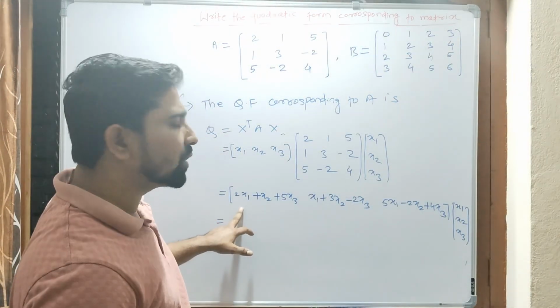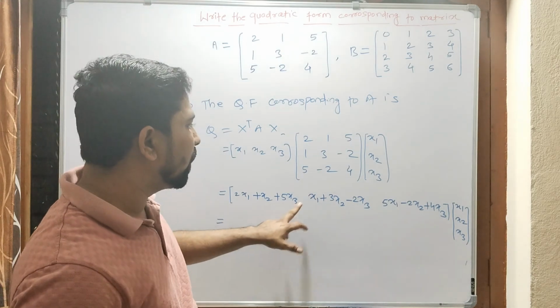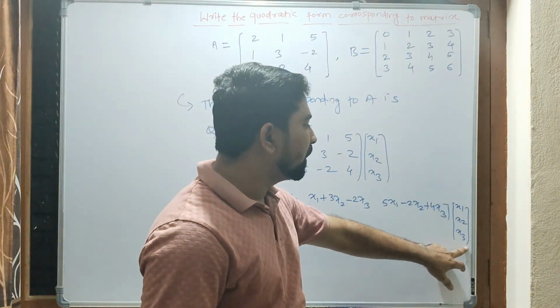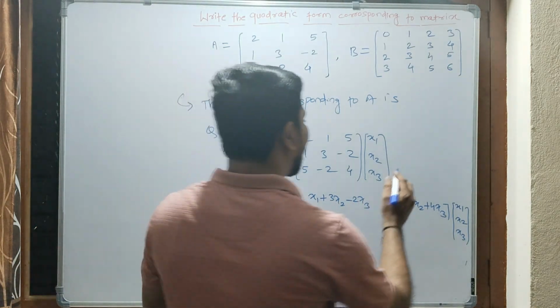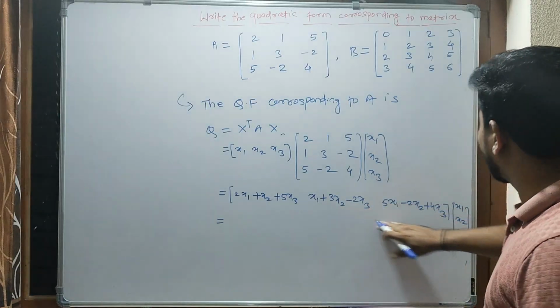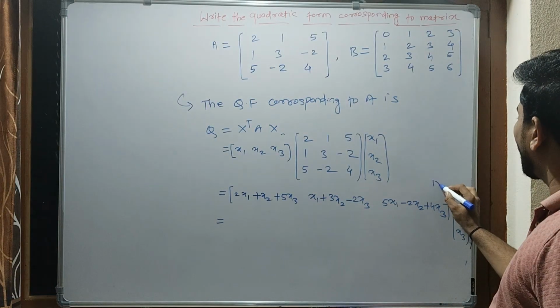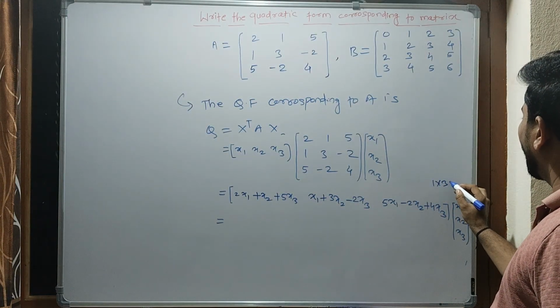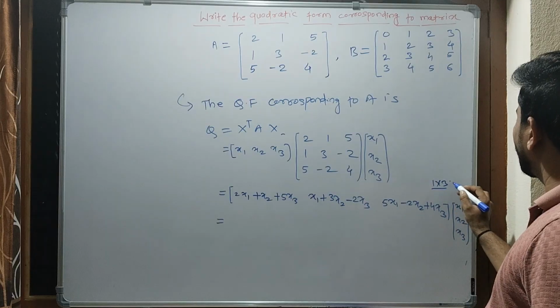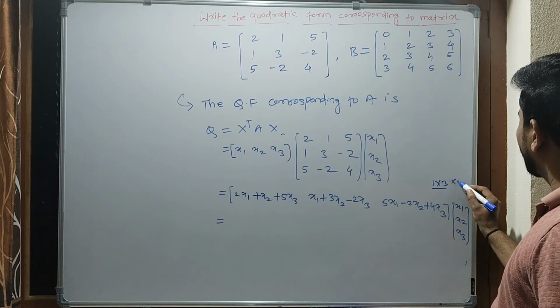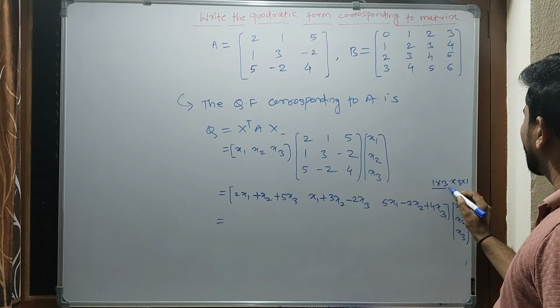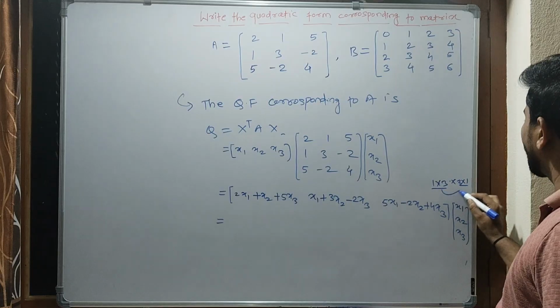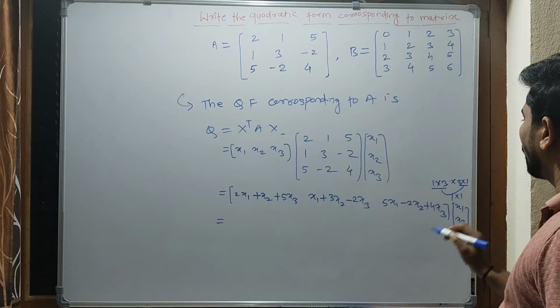Again matrix multiplication. This is a 1 cross 3 matrix, that is 1 row and 3 columns, and this is 3 rows and 1 column, so the resultant matrix is a 1 cross 1 matrix.